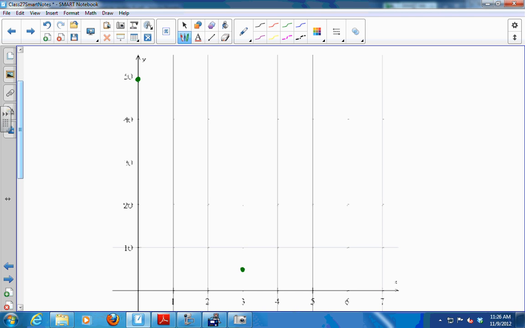So if 0, 49 is on the graph, parabolas are symmetric. They have a line of symmetry. So if 0, 49 is on the graph, that's 3 to the left of the vertex. If I go 3 to the right of the vertex, 6, 49 should also be on the graph. And then we can just connect these. Make a parabola.